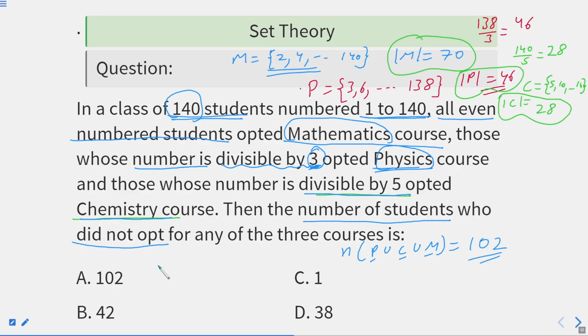Okay. If I subtract 102 from 140, then the result will give me the number of students who did not opt for any of the 3 courses. So the result will be 38. So it is our option D. So option D will be our answer.